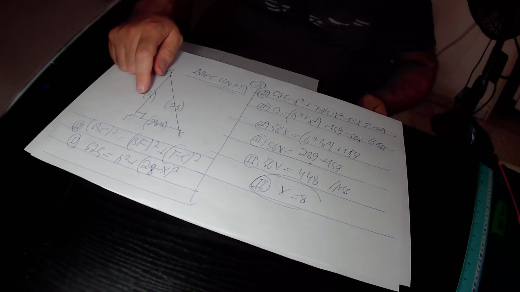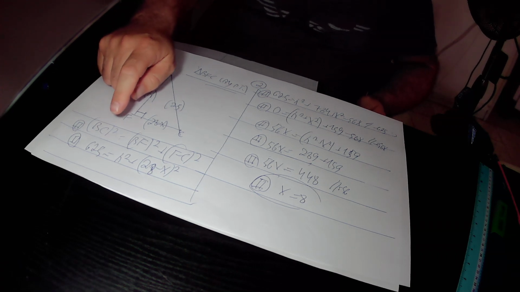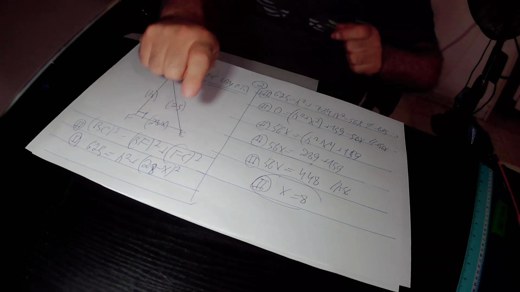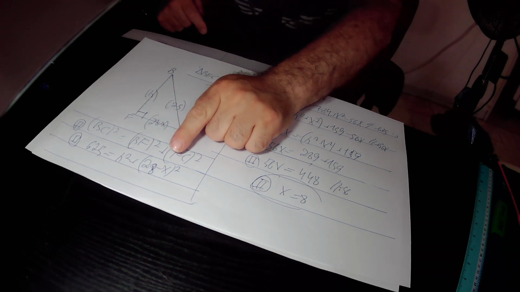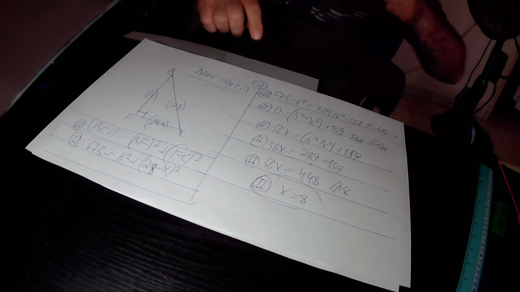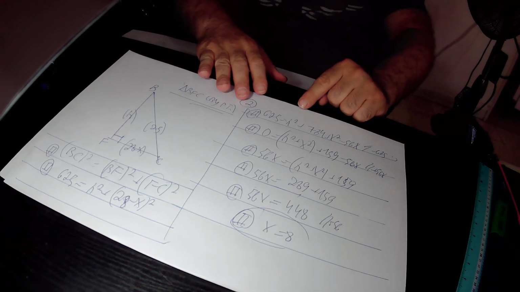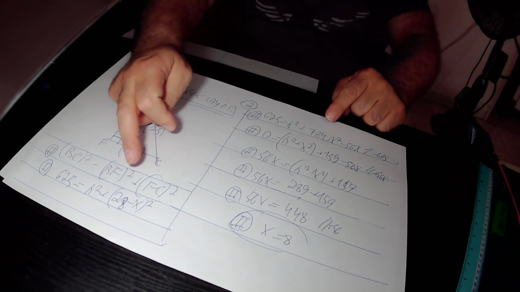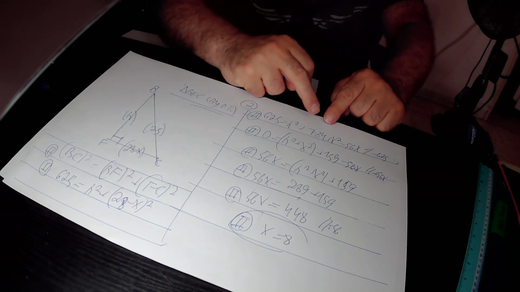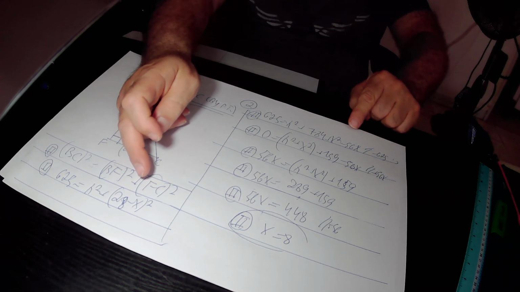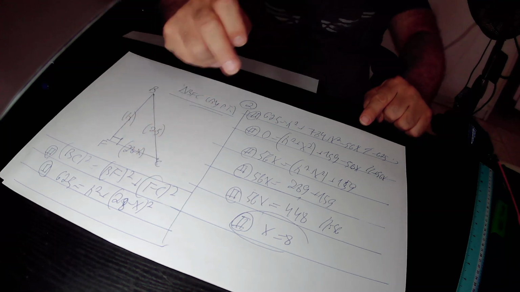So in total, we have found out that according to equation 2, 625 equals 8 squared plus (28 minus X) squared. Here we open the brackets of this side of equation 2, and finally found out that 625 equals 8 squared, and (28 minus X) squared equals 28 squared, that is 784, plus X squared minus 2 times 28 times X, that is minus 56X.